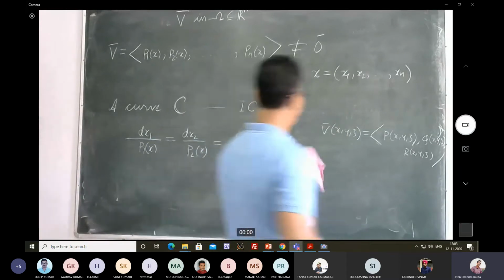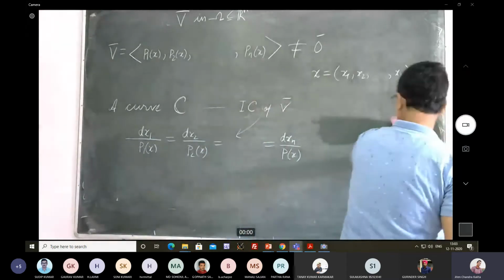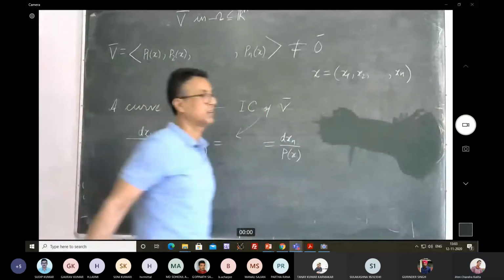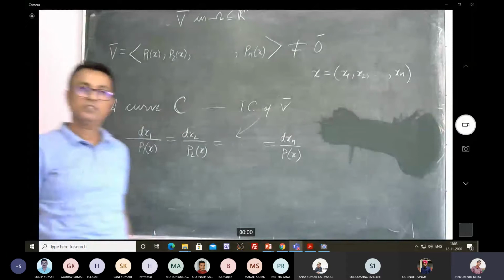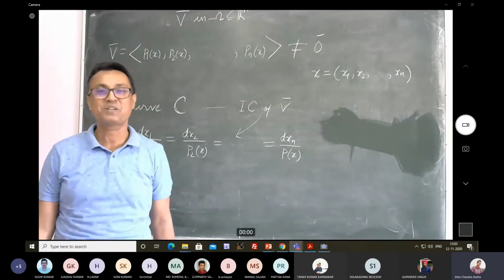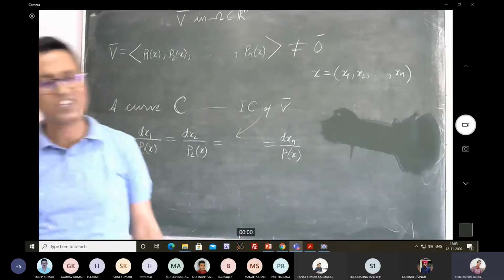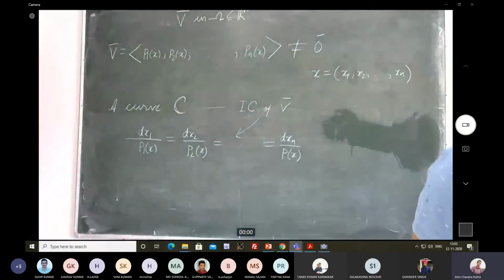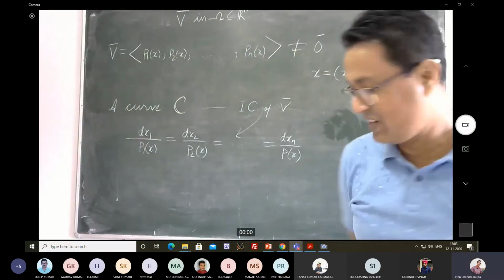Is it okay? Fine. So if I solve this, then I can find that integral curve C. Agree or disagree?